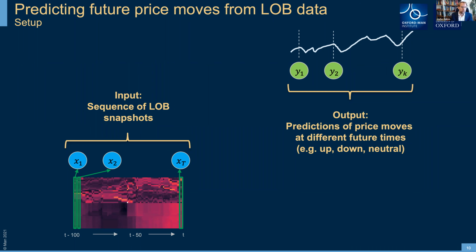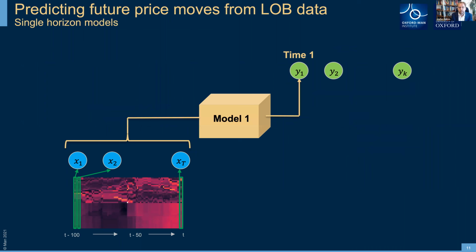And what you can do in the first instance is just to apply supervised learning and have a single horizon model. So I have my input data, which are those images, and then I have one given future return or one given future label of up, down, or neutral, and I make one model which is just trained in a supervised manner to do this one thing.